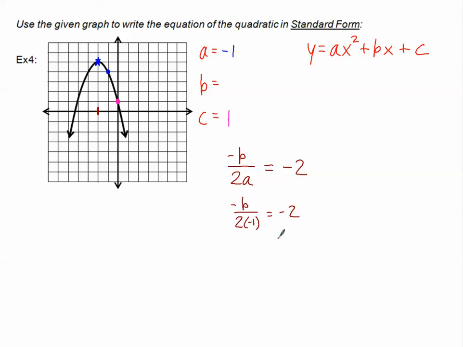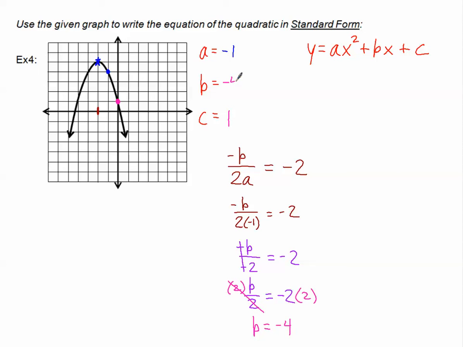And now our equation has only one variable, so we should be able to solve for it. Let's simplify this. This is the opposite of b. 2 times -1 becomes -2. So now this is our equation. And we know that a negative divided by a negative becomes a positive, so I'll just cross those out. And now we have b over 2 is equal to -2. And one last step, we will multiply by 2 to undo a fraction. We're going to multiply by the denominator, and now that cancels out, and we have that b equals -4.